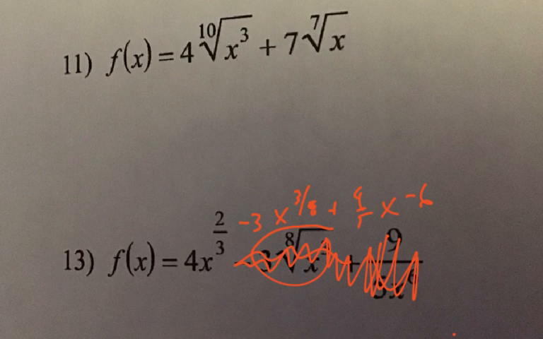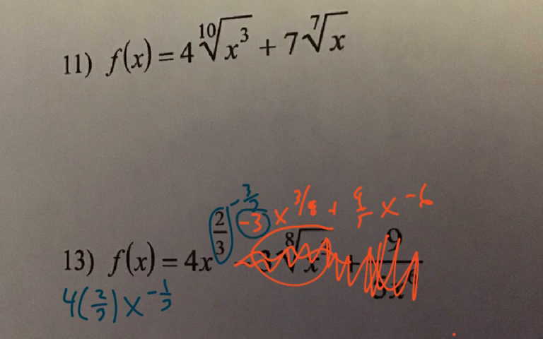I'm going to have 4 times the 2/3 that comes down, x to the negative 1/3, because I'm going to minus 3 over 3. I have this minus 3. I'm going to bring down the 3/8. That's an 8 there. x to the negative 5/8, because I'm going to minus 8 over 8.